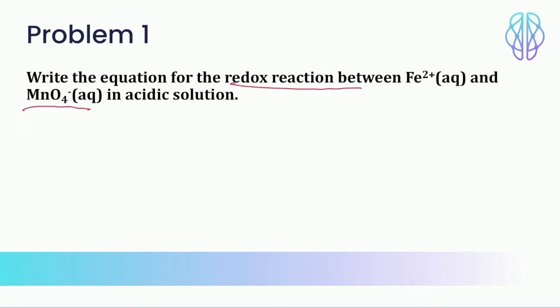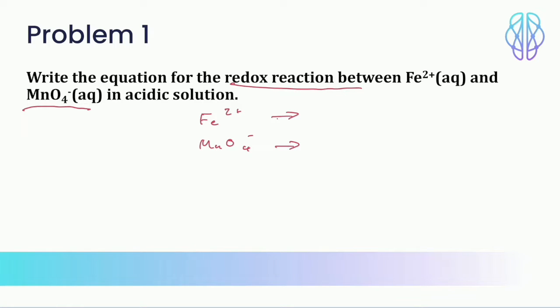The two things we know in this question is that it's a redox reaction between iron as well as our MnO4 negative. So we know that they're our reactants, so they're going to be on the left-hand side of our reaction. So I'm going to keep them split for now so you can see what our half reactions are.